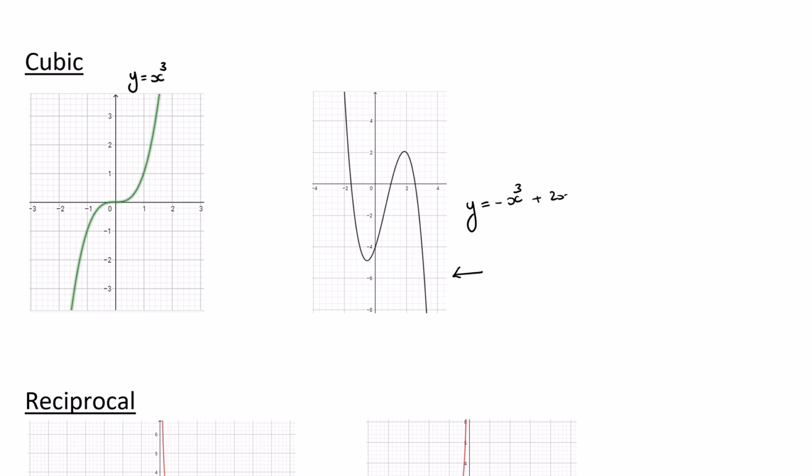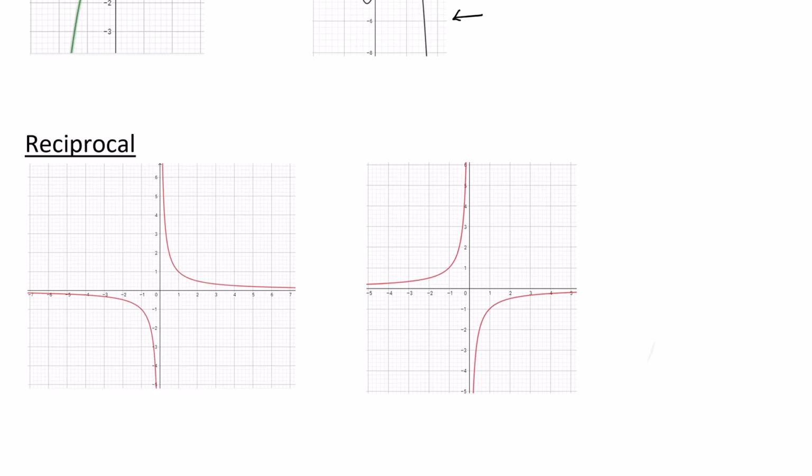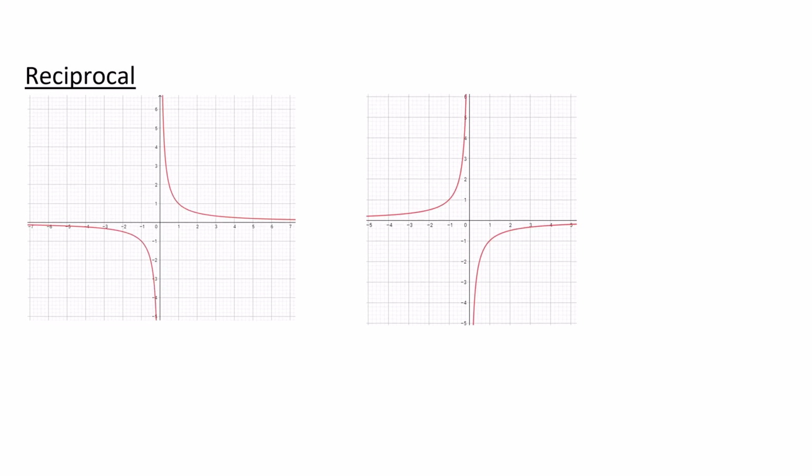So plus 2x, maybe 2x squared, minus 5x, minus 4, something like that. So it could be as simple as this, or it could be a much longer equation, but in any case, the highest power that you see on an x is 3. It's a cubed.